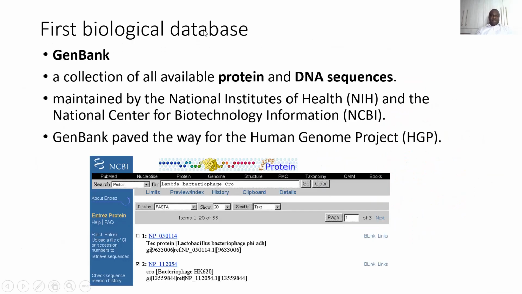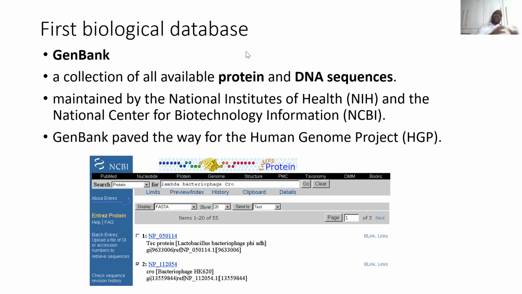Now, the first biological database was GenBank, which is a collection of all available protein and nucleotide sequences submitted by NIH and NCBI. The collection of this database actually gave birth to the Human Genome Project, because of the advancement in DNA sequencing, we were able to sequence the whole genome of a human being.